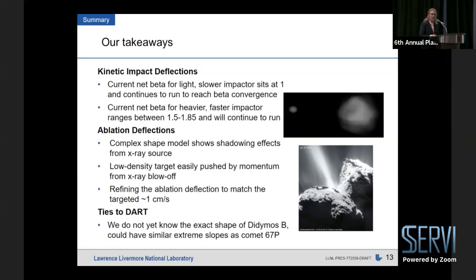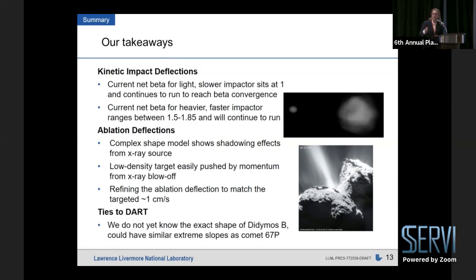And as I am wrapping up here, I just want to circle back. I briefly mentioned at the beginning of my talk a little bit about the DART mission, and I would like to end with a similar note, perhaps stating something very obvious, but we don't really know exactly what the secondary of the Didymos system looks like.